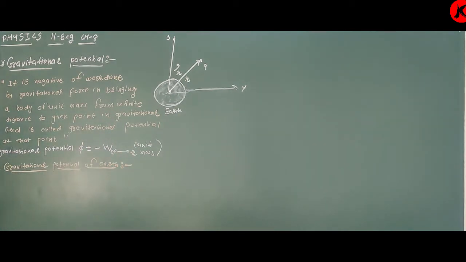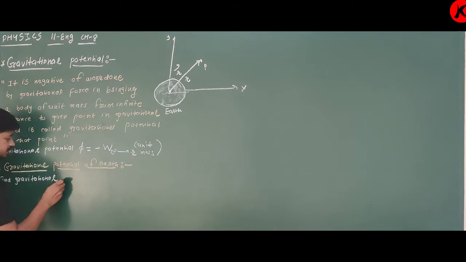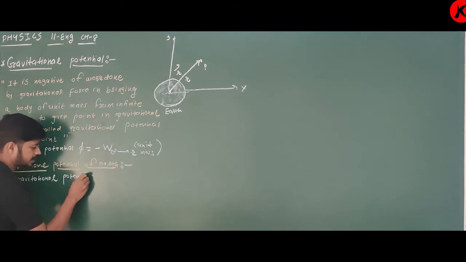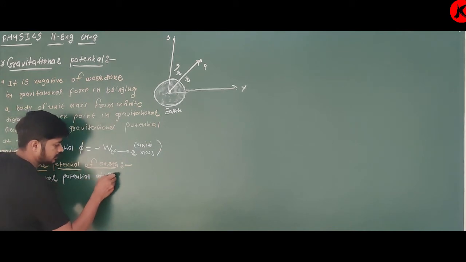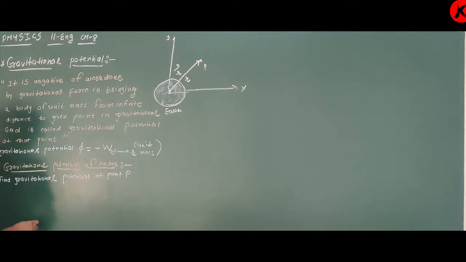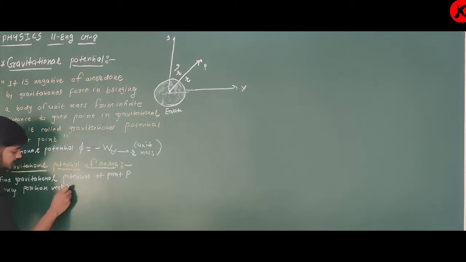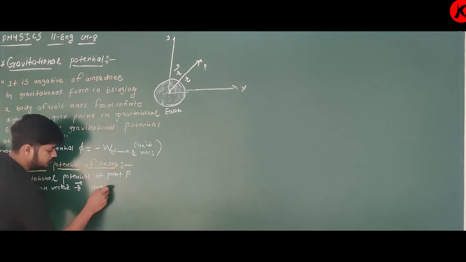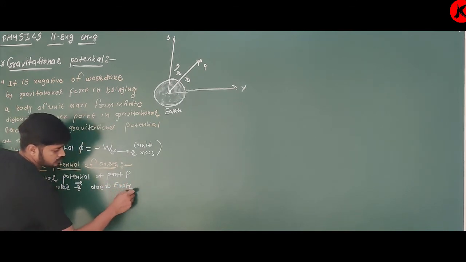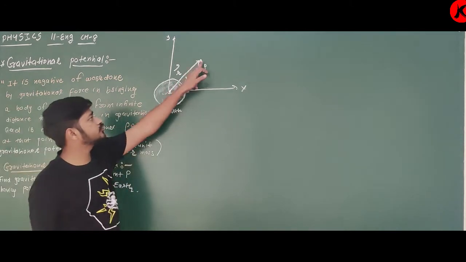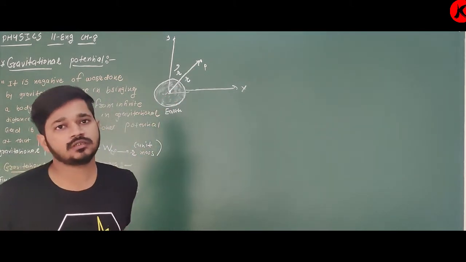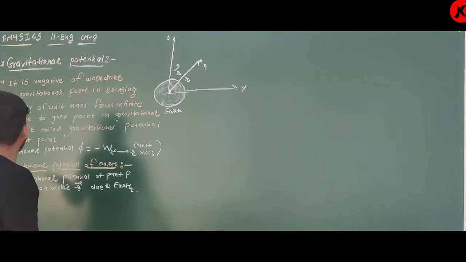Find gravitational potential at point P, having position vector r, due to Earth. What is gravitational potential?